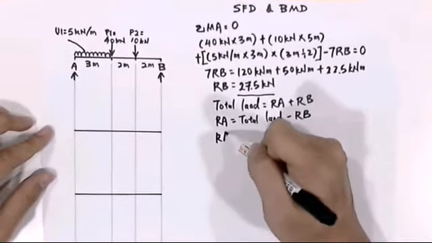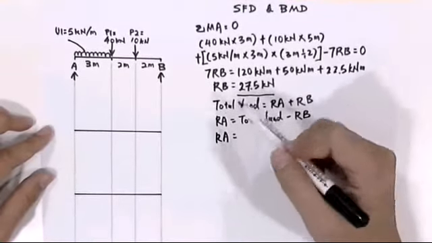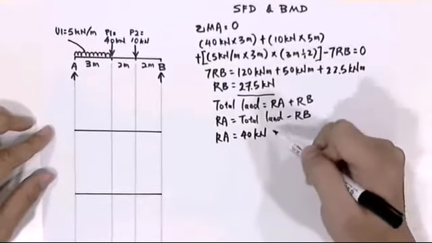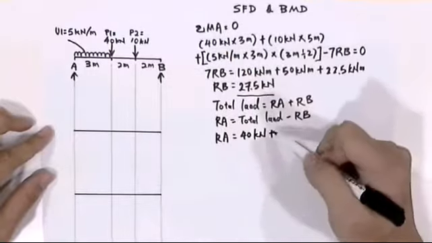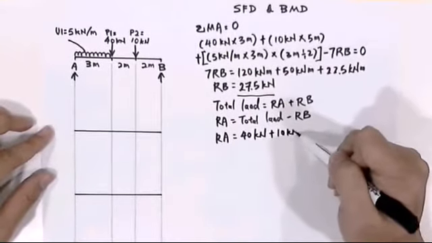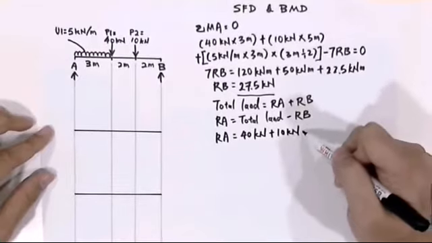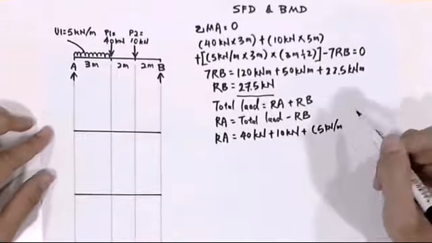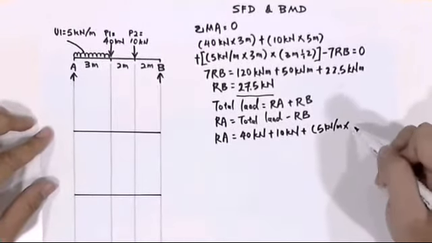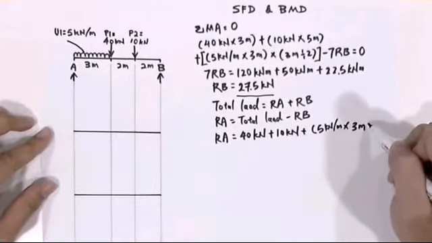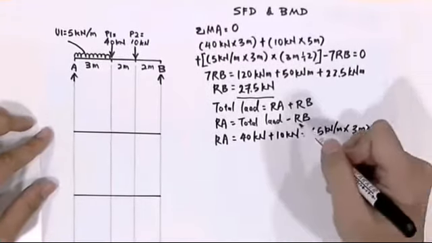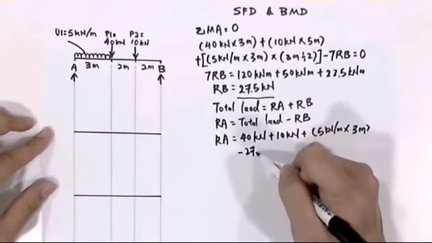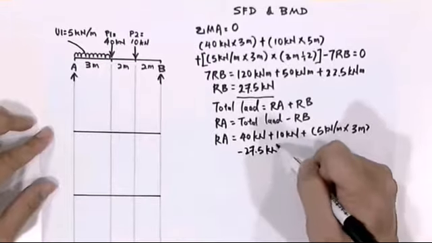Therefore we have RA equals first load 40 kilonewton plus 10 kilonewton, plus 5 kilonewton per meter times 3 meter. And then we have to minus RB, which is 27.5 kilonewton.